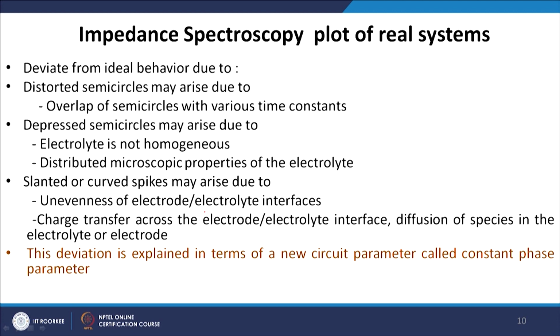Slanted or curved spikes may arise due to the unevenness of the electrode electrolyte interface, charge transfer across the electrode or electrolyte interface, or diffusion of species in the electrolyte or electrode. This deviation is explained in terms of a new circuit parameter called the constant phase parameter, which can be due to the different regions.